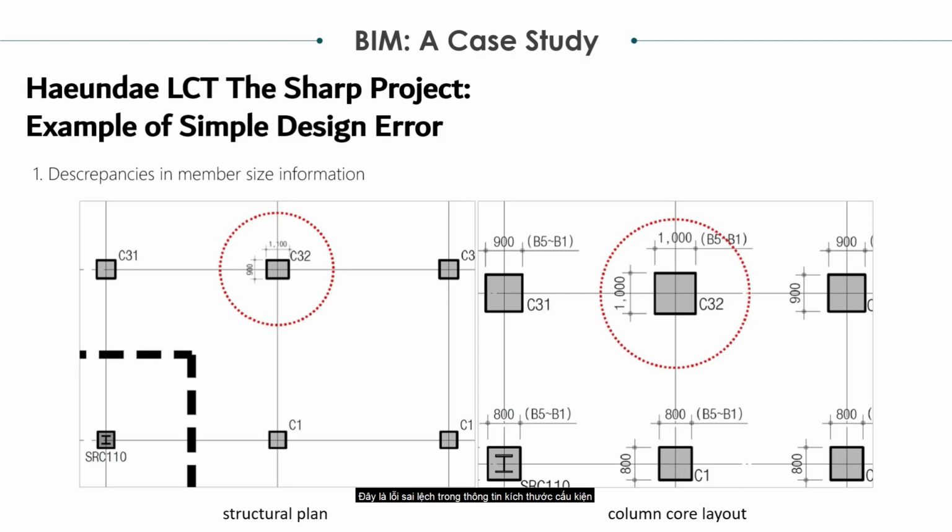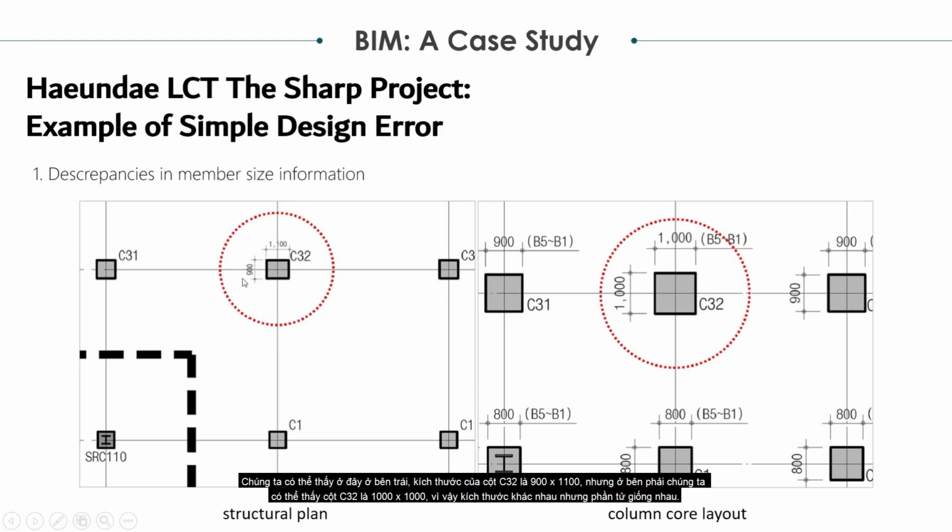This is an example of the simple design errors: discrepancies in the member size information. As we can see here, the left one is the structural plan, and the right-hand figure is the column core layout. On the left, the dimension of the C32 columns is 900 by 1,100. But on the right, the C32 column is 1000 by 1000.